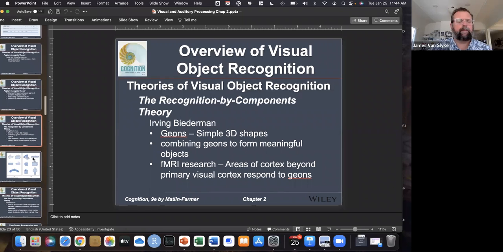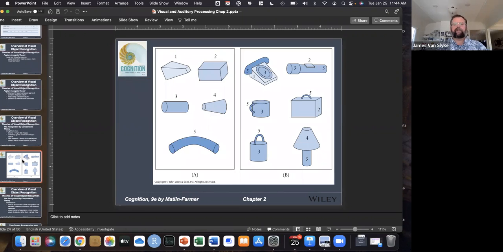So here's an example of certain kinds of geons. You can see that on the left, these are more of these basic kinds of objects: squares, cones, cylinders, pyramids, and that the geons make up different kinds of objects that we see, like a flashlight, a suitcase, a coffee cup, a pail, and so on and so forth.